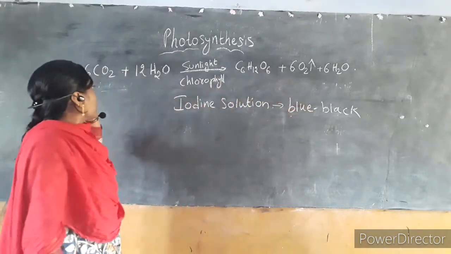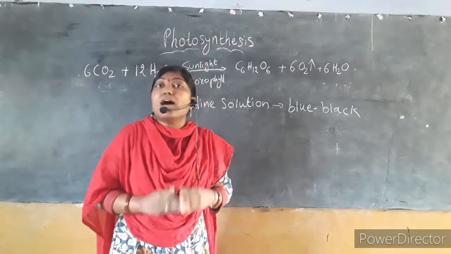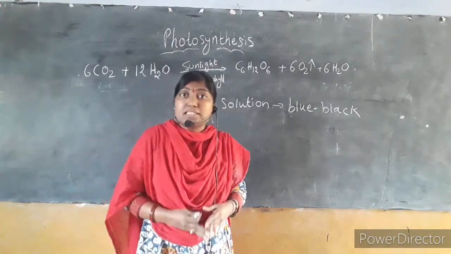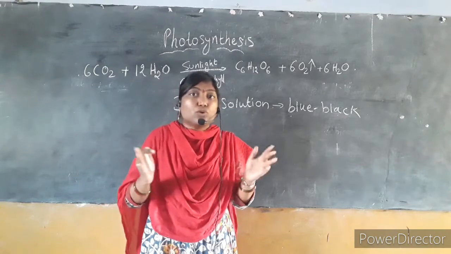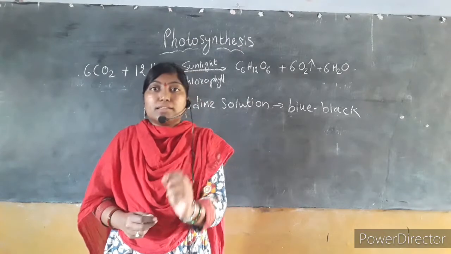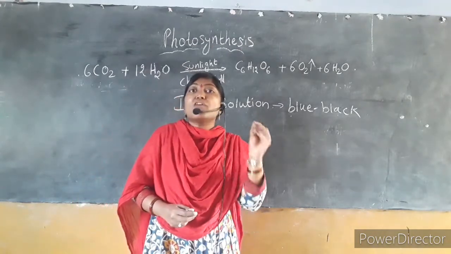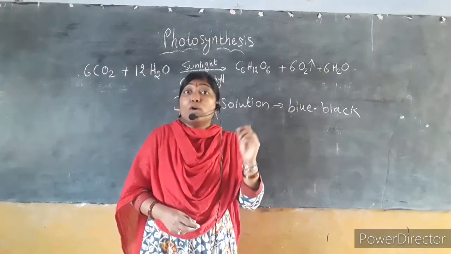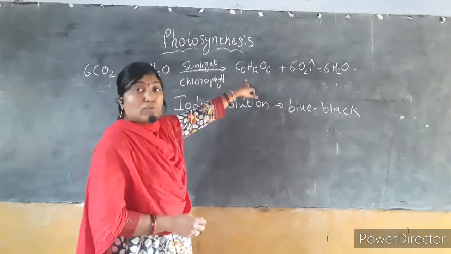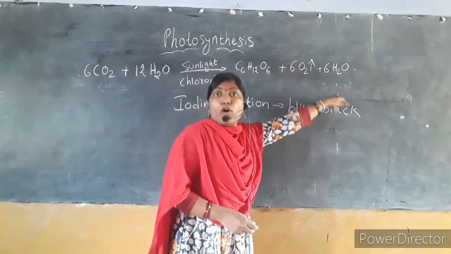For example, what are the end products during the process of photosynthesis? I repeat the question. What is the answer? The end products are glucose, oxygen, water.